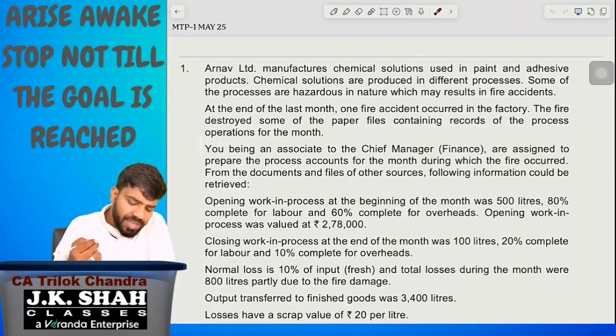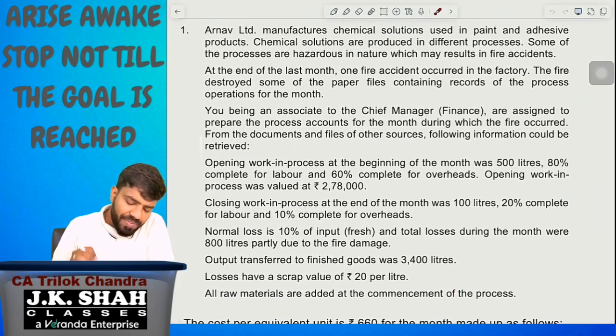At the end of the last month, one fire accident occurred in the factory. The fire destroyed some of the paper files containing records of the process operation for the month. You, being an associate to the chief manager finance, are assigned to prepare the process account for the month during which the fire occurred. From the documents and files and other sources, the following information could be retrieved.